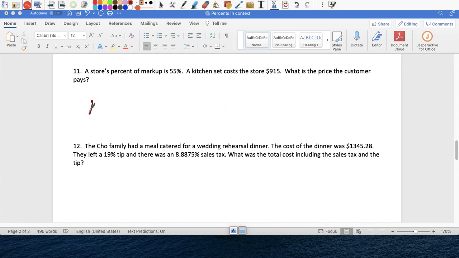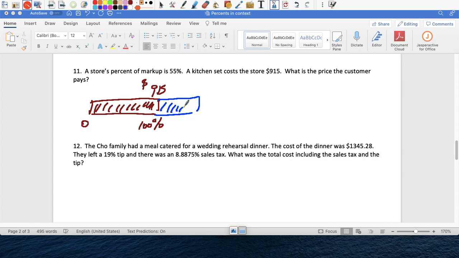All right, so 0, 100%, $915. So this is what the store paid. So you are going to pay for that plus 55% more, because this is what the store is going to make from you. So this is the markup. That takes us to 155%. So this is the price that we're looking for.